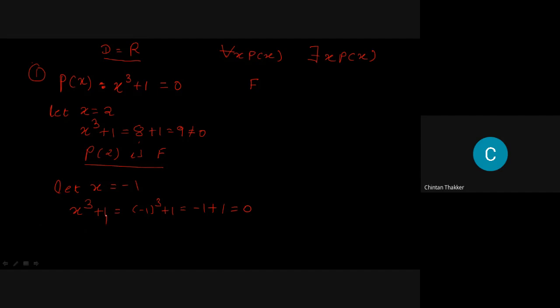So we have p of -1 is true. So we got one x for which p of -1 is true. So here there exists x px is true. Okay, so this way we can solve this.